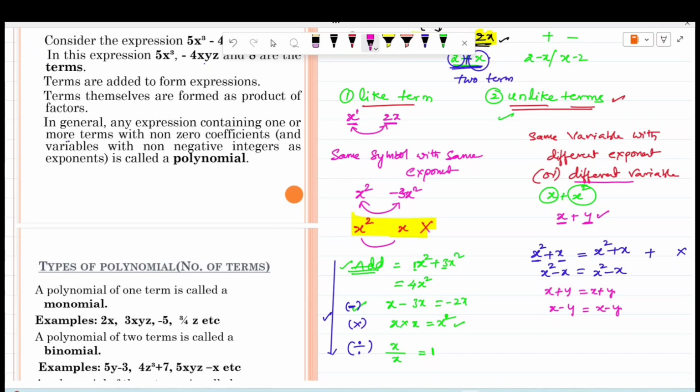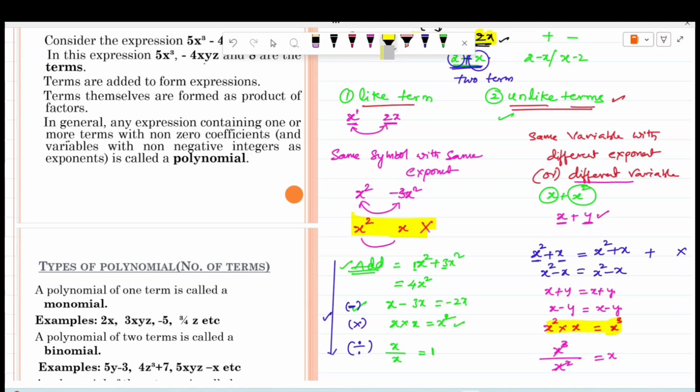Can I multiply them? Definitely, x square multiplied by x, the simplification can be done and x power 3 will come. So we can surely say that multiplication is possible in unlike terms. Is division possible? x power 3 divided by x square, simplification is done, so we get x.